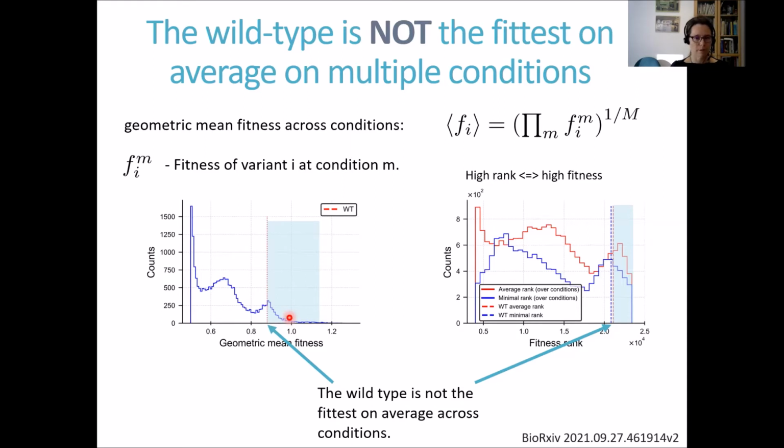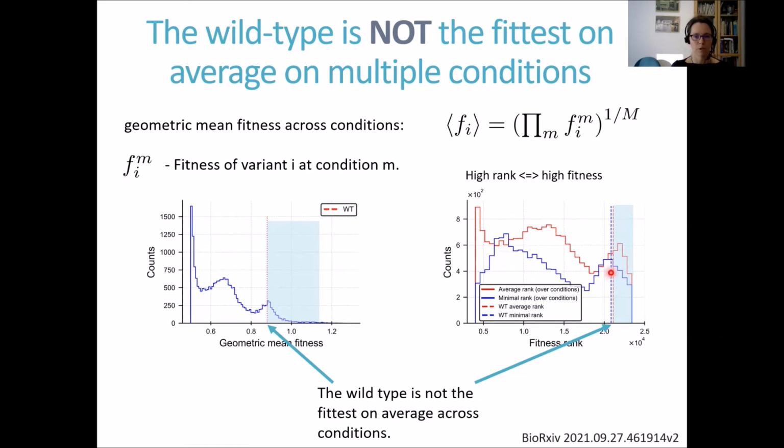We said, okay, maybe we should be more harsh, and maybe the conditions are not equally likely. So we even looked at the ranking of the genotypes, and here we show the minimal fitness rank of a genotype. High rank here is a high fitness, low rank is low fitness.